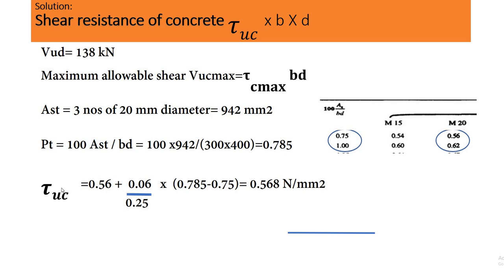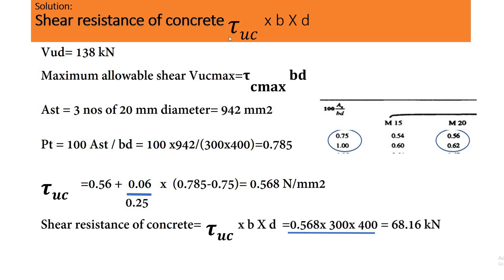So our shear stress of the concrete is 0.568 Newton per mm square. And let us calculate the shear resistance provided by concrete, right? That is equal to tau c, the shear stress of concrete that we have already determined from the table, 0.568, and our area of beam is 300 mm by 400 mm, right? So the shear resistance provided by concrete is 68.16 kilonewton, right?